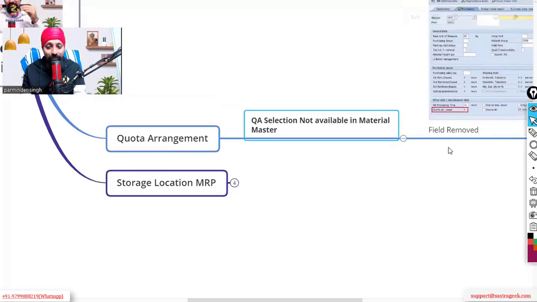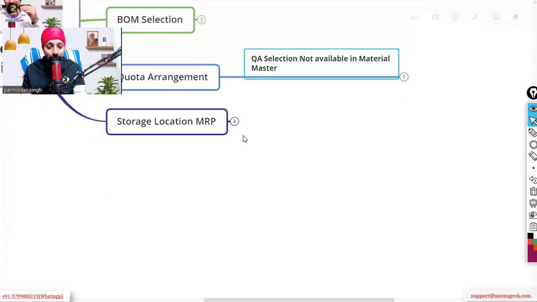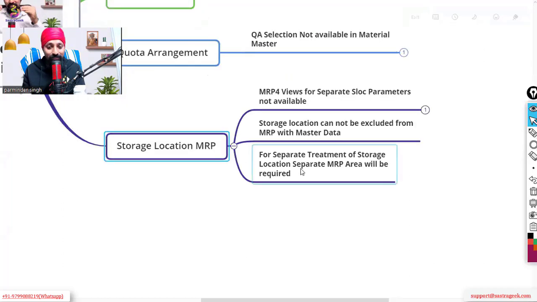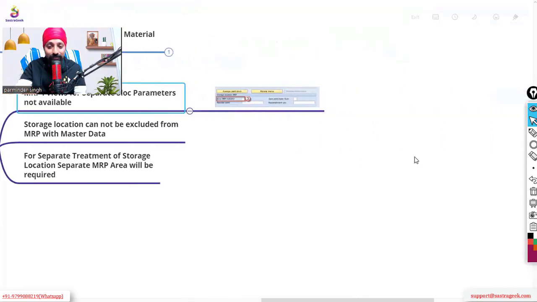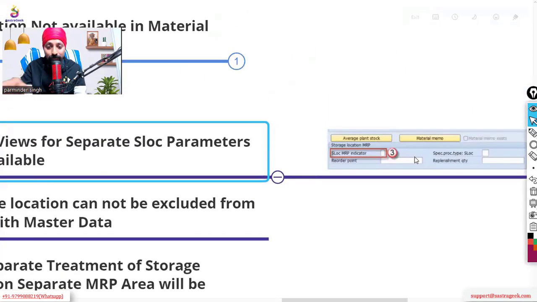Okay, storage location MRP. Now the storage location MRP field also has been changed. Earlier we were having these fields. You remember in MRP 4, storage location MRP, these fields are removed. Why has it been removed? Now it has a linkage with the planning.